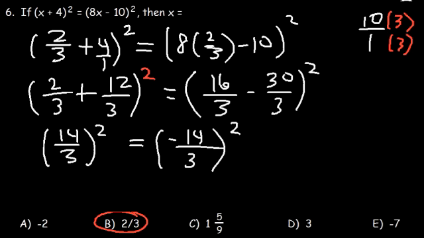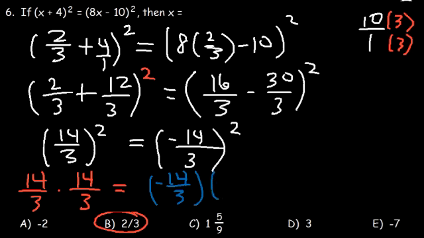So on the left side, we have 14 over 3 times 14 over 3. That's what 14 over 3 squared means. Now on the right side, we have negative 14 over 3. So that means that we have two negative numbers, negative 14 over 3 times negative 14 over 3.